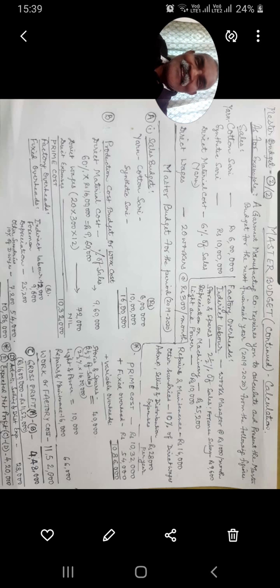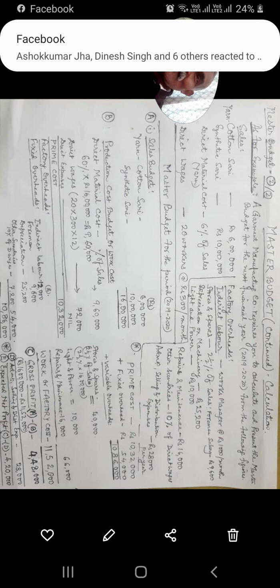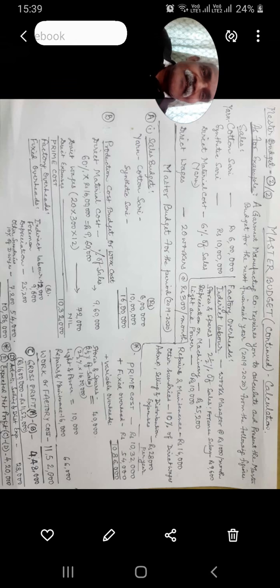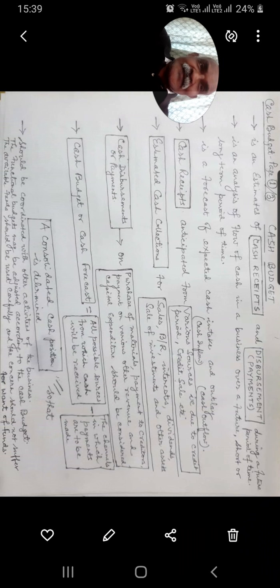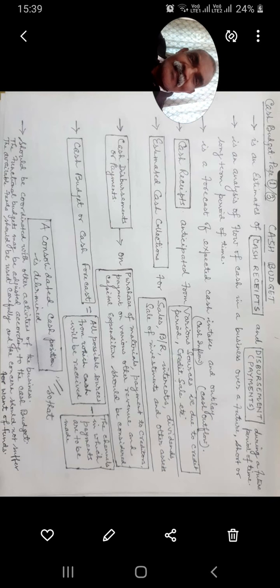Today we will learn about master budget and cash budget. First of all, I would like to discuss the cash budget, and later on we will discuss master budget.